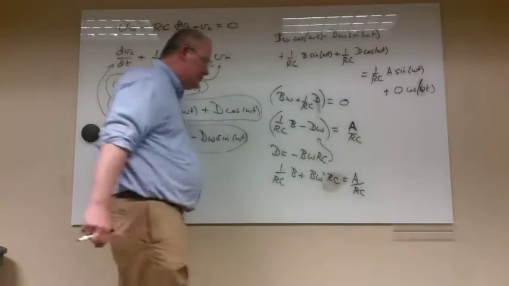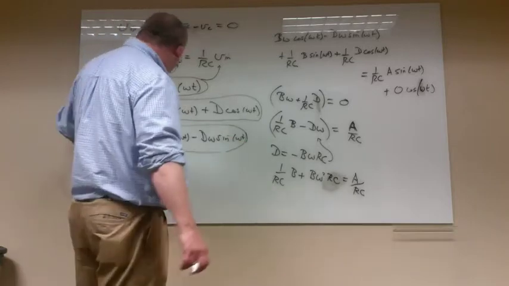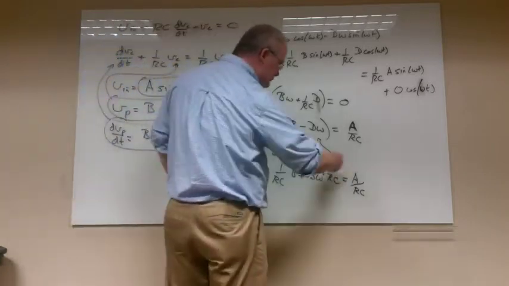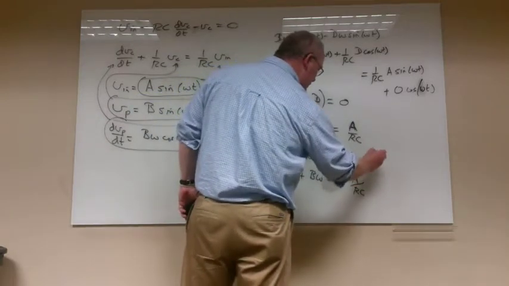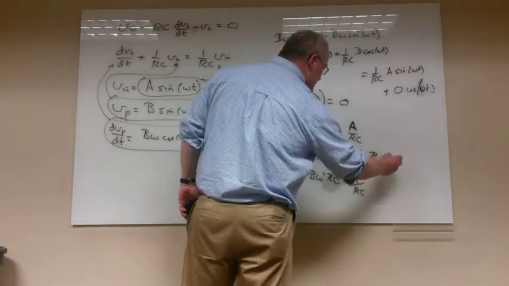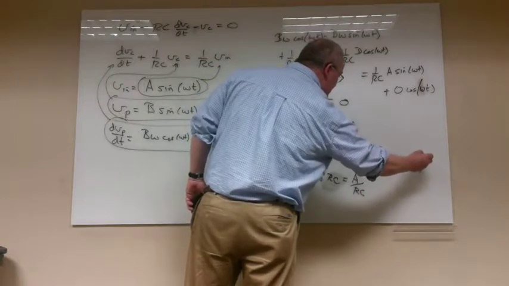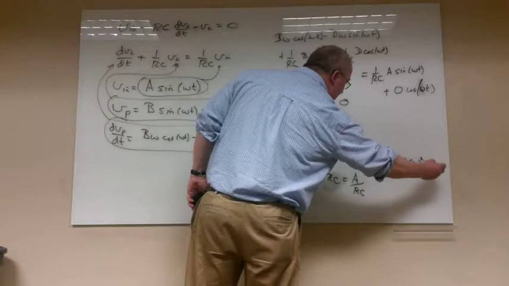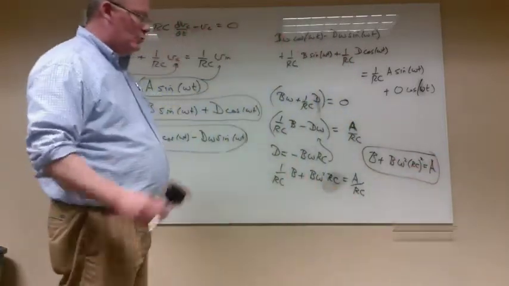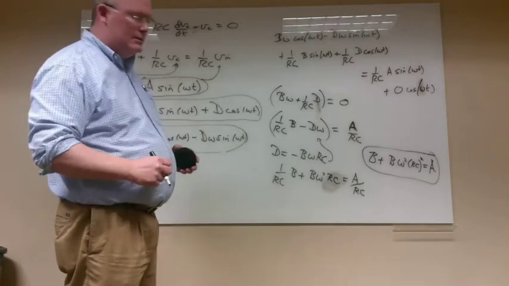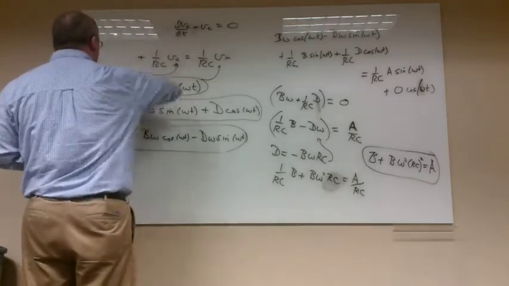And being someone who's not terribly fond of fractions, I'm going to multiply both sides by an RC. What I'll get out of that is B plus B times omega squared RC squared is equal to A. All right, so I can solve that for B. It's pretty straightforward.